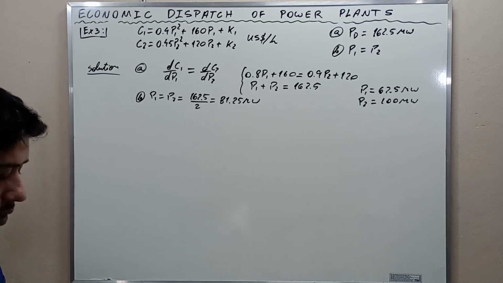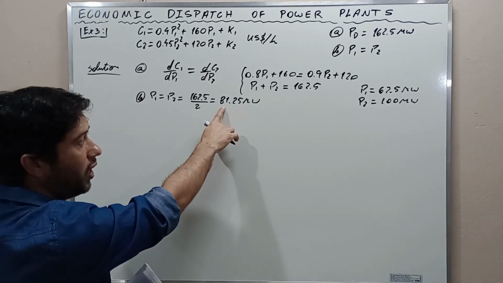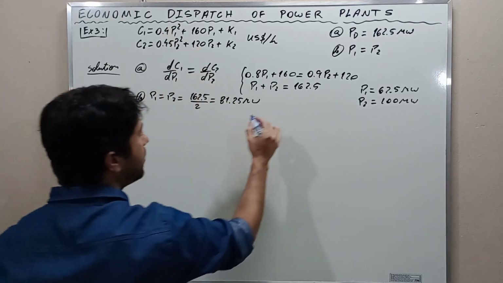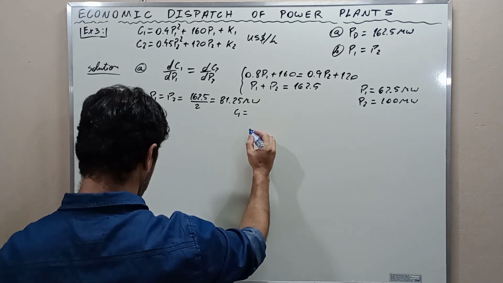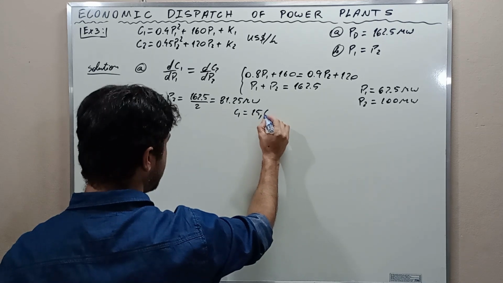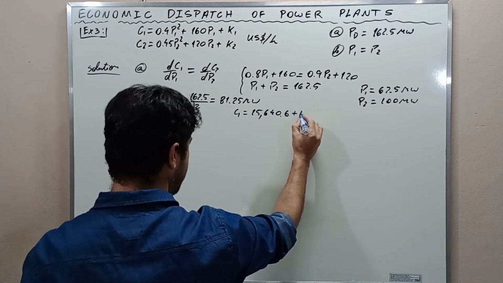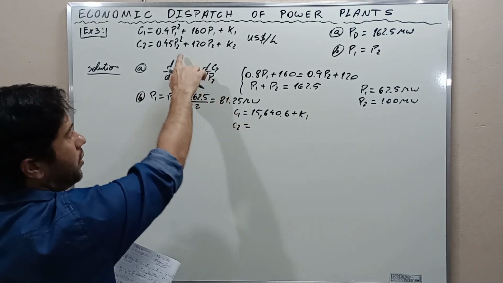Alright, if we use the production cost functions for 81.25 megawatts, when we substitute this 81.25 megawatts here, we find that C1 is equal to 15,640.6 plus K1, and C2, we are going to substitute this here.